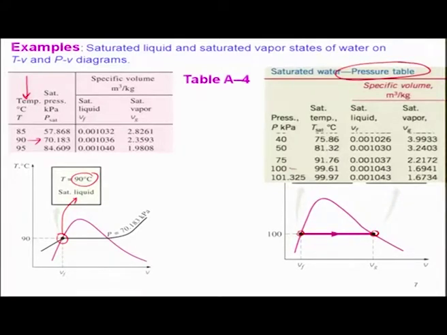This will be your saturated Vf, and the saturated vapor volume is going to be Vg, which will be 1.6941 meter cube per kg. This is how we make use of the table in order to evaluate the volumes and other properties. Similarly, you can also find the corresponding Uf here, Ug here, Hf here, Hg here, from the same table.